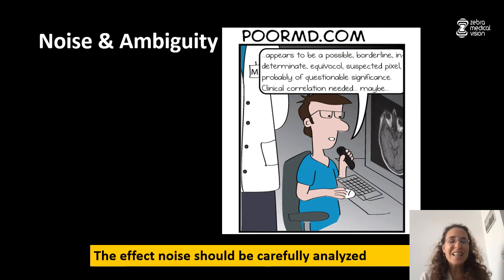Still, utilizing radiologist reports and NLP algorithms and weak labels is extremely valuable for generating larger datasets, improving your performance, and improving the ability to generalize to datasets in the field and in the wild. It is just important to keep in mind the effect of this noise and to carefully analyze it. And there are, of course, many solutions for it, such as label cleaning, data reweighting, curriculum learning, and so on.